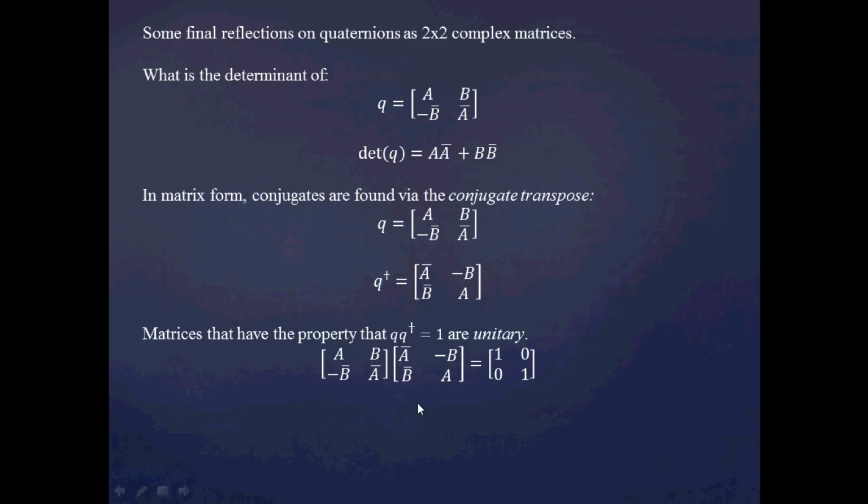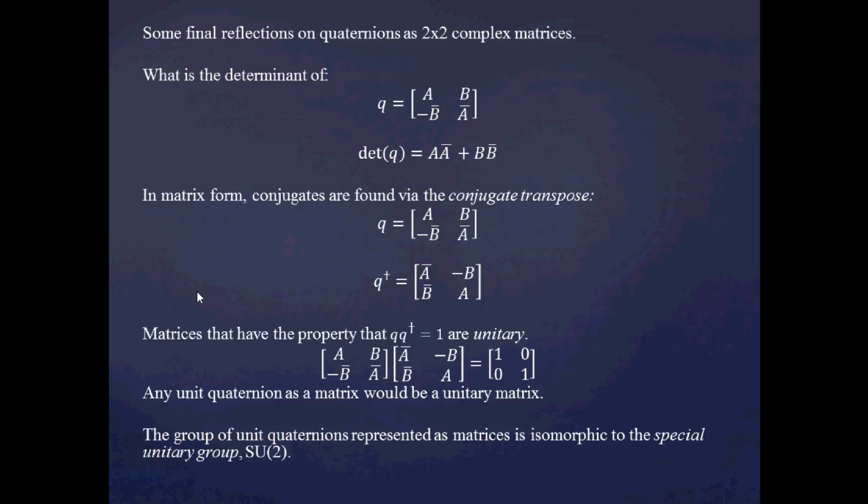So I do the matrix multiplication, and I find that A times A bar plus B times B bar has got to be equal to 1. And what does that mean? When this expression is equal to 1, that means it's a unit quaternion. So the take-home message here is that any unit quaternion represented as a matrix is a unitary matrix.